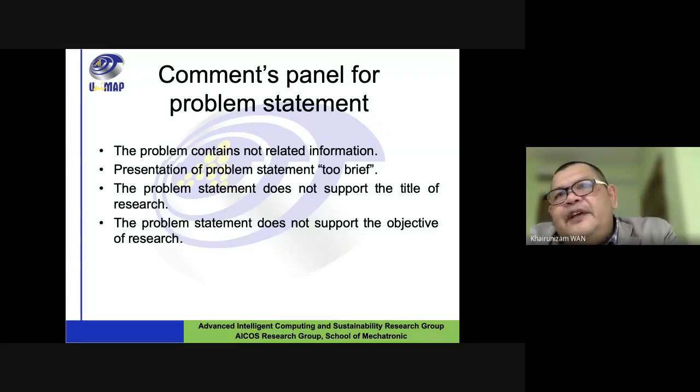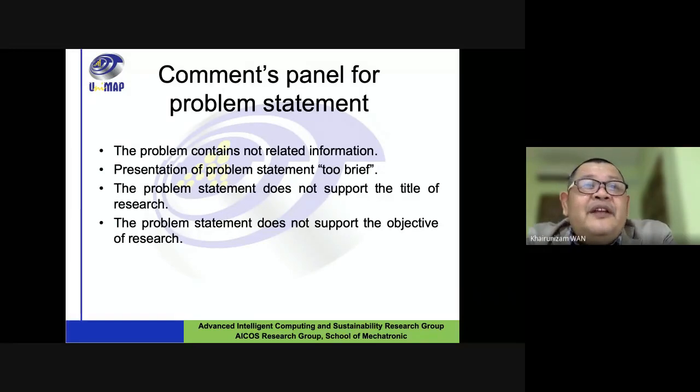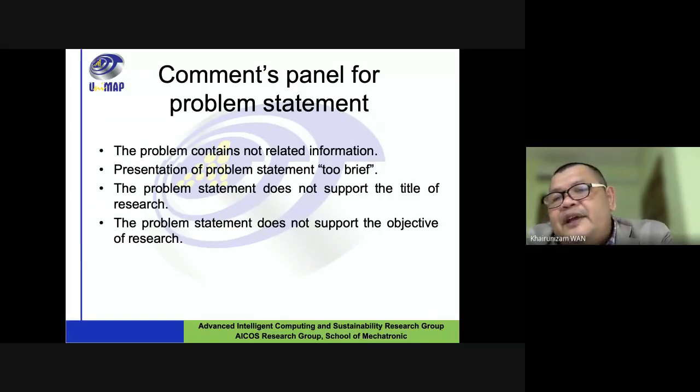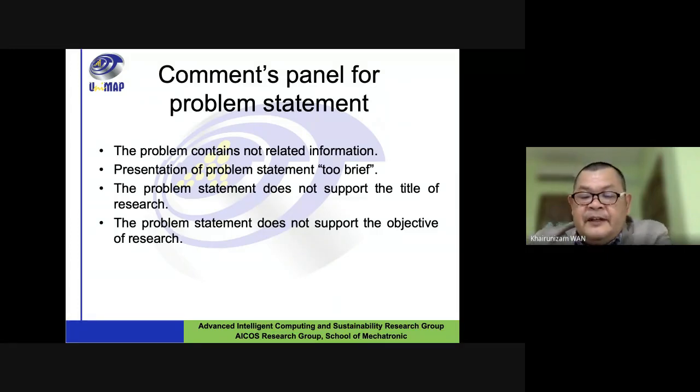If we read the title and then read the problem statement, we cannot find the relation between them. Also not good. Then the last one: the problem statement does not support the objective of research. If we look at the problem statement and then the research objective, there is no relation. So this is not a good example of a problem statement.